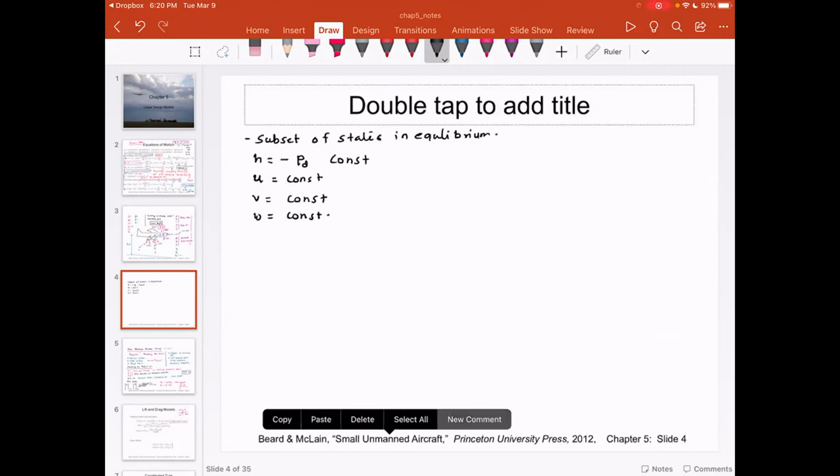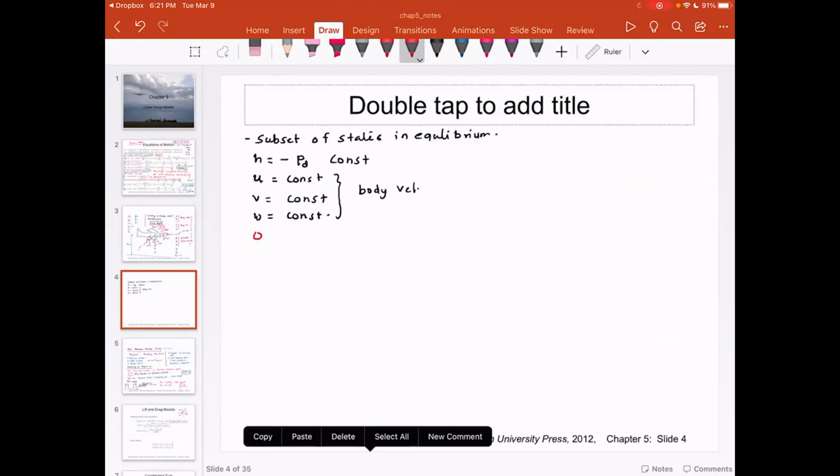Next, Euler angles. The next statement is that the Euler angles, which are roll, pitch, and yaw, are all constants. They are constant, constant, constant. So Euler angles are constant.